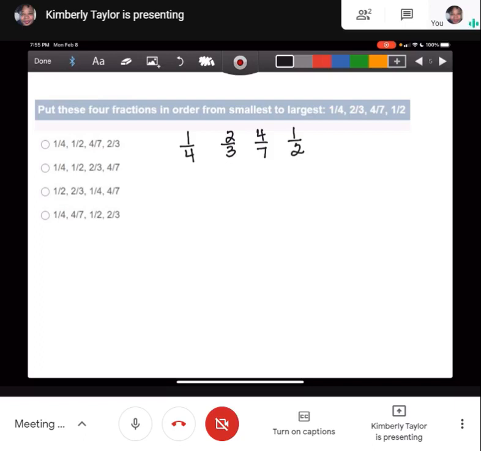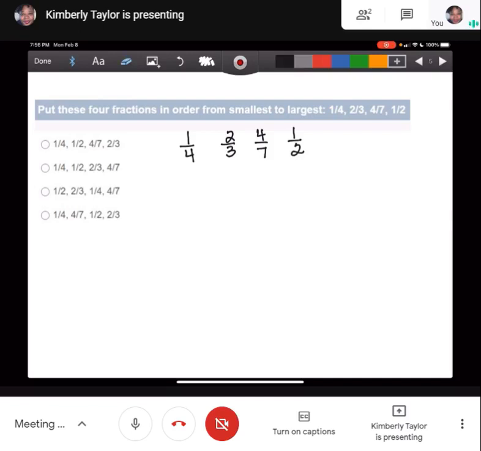And then you can put them in order like that and then switch them back. It's really up to your preference. I can show you both ways. So let's do the way where we switch them to decimals.